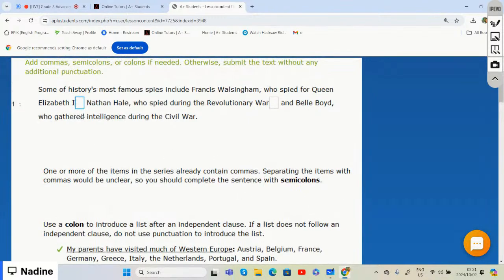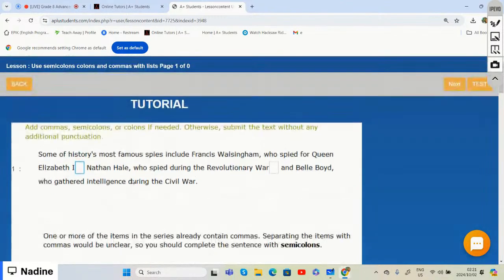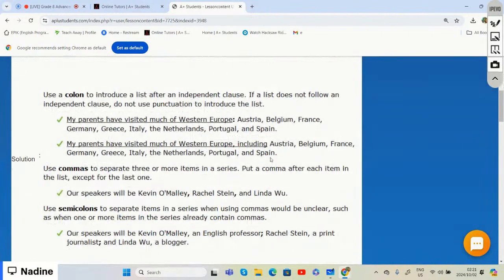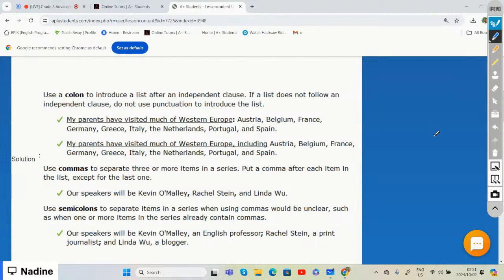All right, so now we're here at the first one that says use semicolons, colons, and commas with lists. I'm not going to go over again what a colon, a semicolon, and a comma are. But if we look at the punctuation marks, a colon is this: two dots, dot, dot.